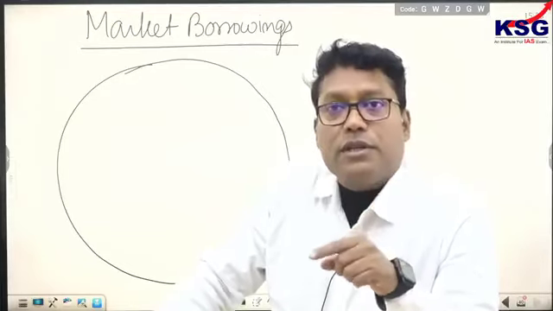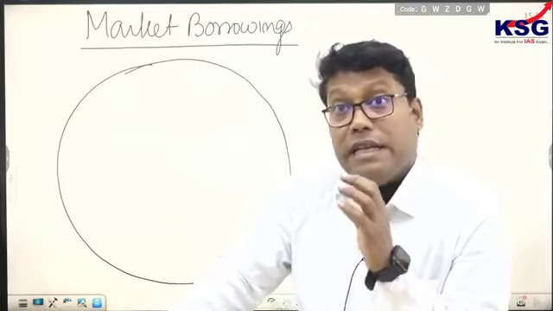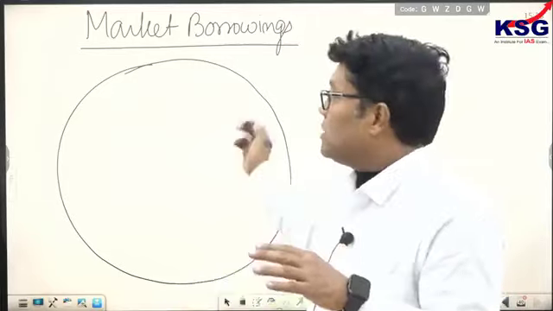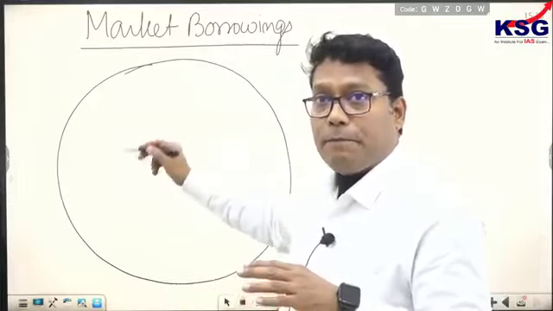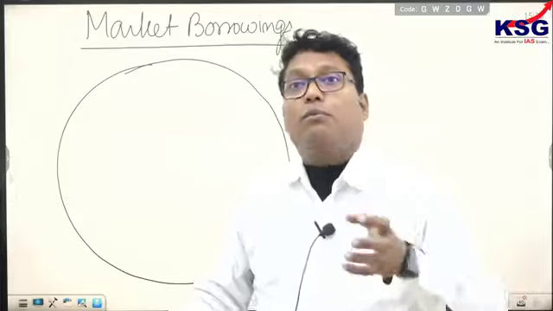If you take the whole economy, the total amount available for lending is the whole circle we are assuming. Clear? So this circle represents the total fund available for borrowings.